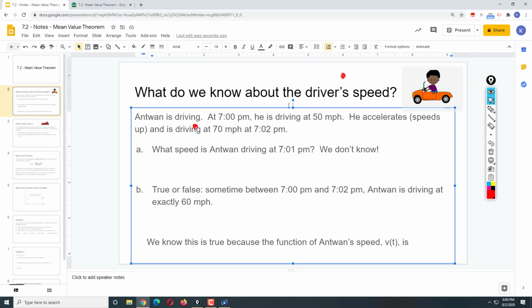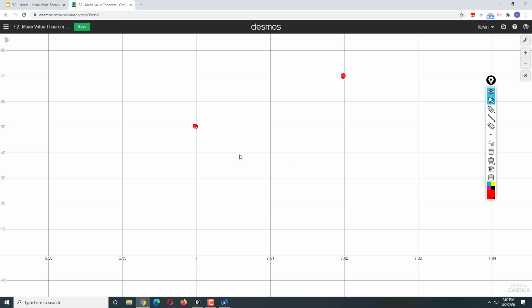Let's go back to our graph. We know that our line passes through (7, 50) and (7.02, 70). There are many lines we can draw. We can draw the straight line. We can draw many squiggly lines. I'll just draw many of them. It doesn't matter.